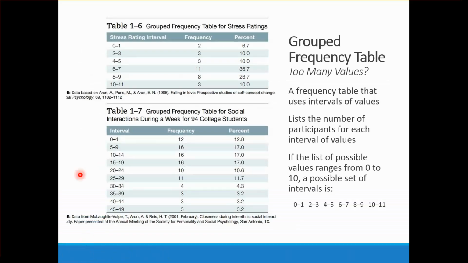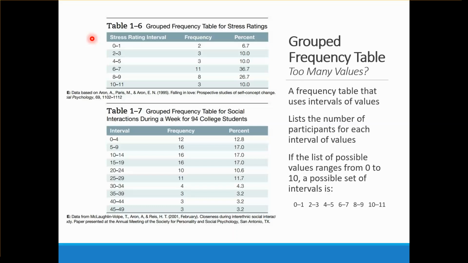All right, now, grouped frequency tables. This is a little bit different. So I was showing you how you might group the honked data together. So think about that. A frequency table that uses intervals of values instead of just each independent value.